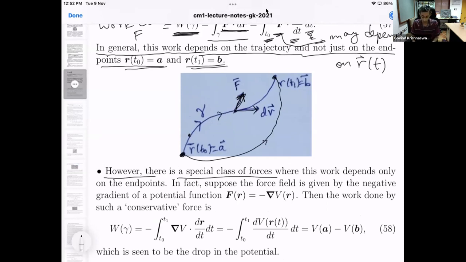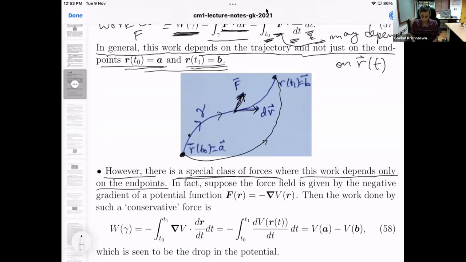We can ask, are there forces for which the work done by the force depends only on the endpoints? No matter what the endpoints may be, as long as there's a trajectory joining them, does the work depend only on the endpoints? In fact, it is possible. There is a special class of forces where this work depends only on the endpoints.